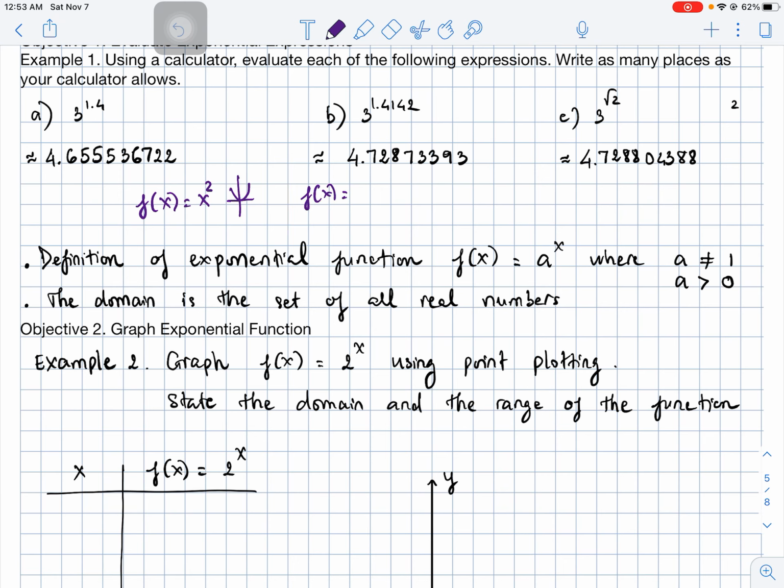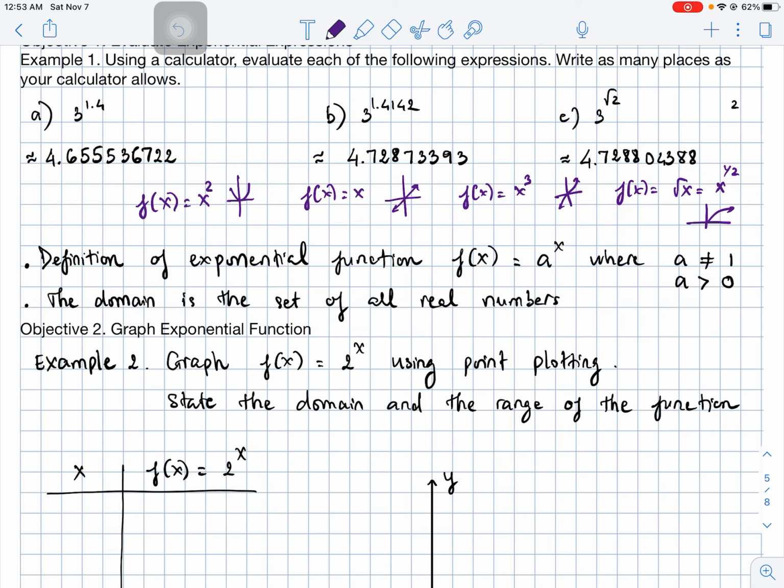And then f of x equal to x gives us a linear. It's a line. F of x equal to x cubed is like a snake, right? And then f of x equal to square root of x. Square root of x I can write like x to the 1/2. Then the graph is one side. So we learned in the sections before.